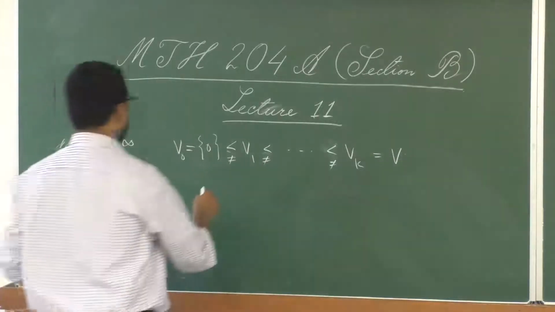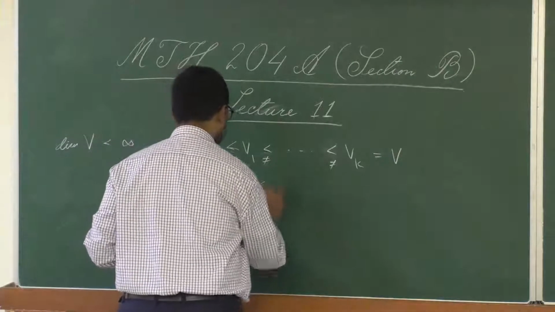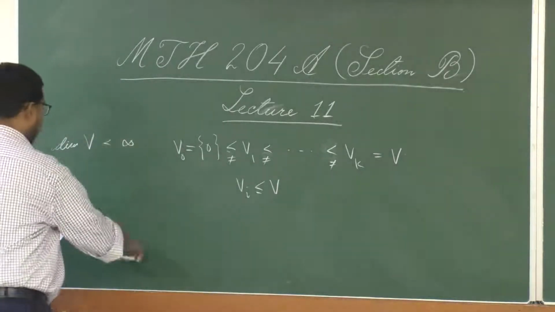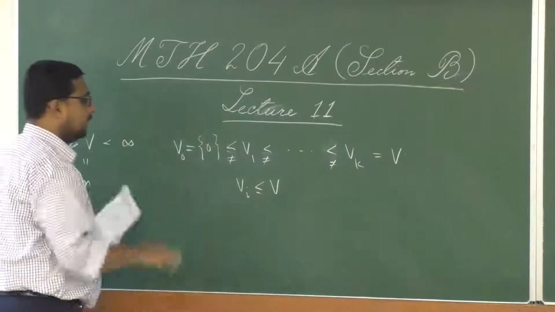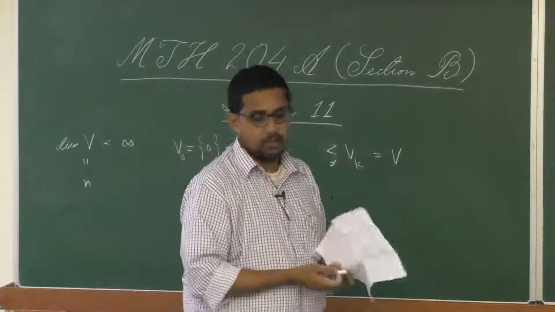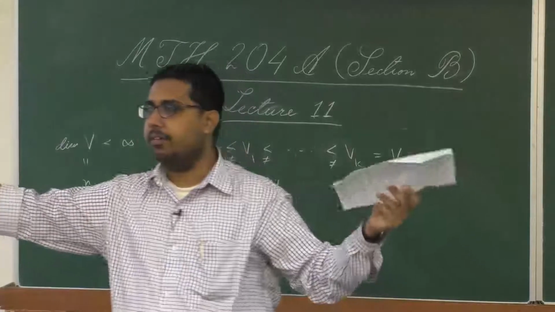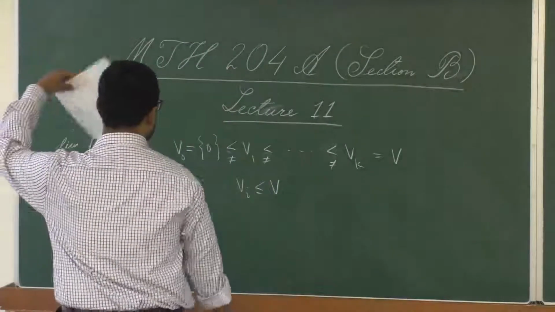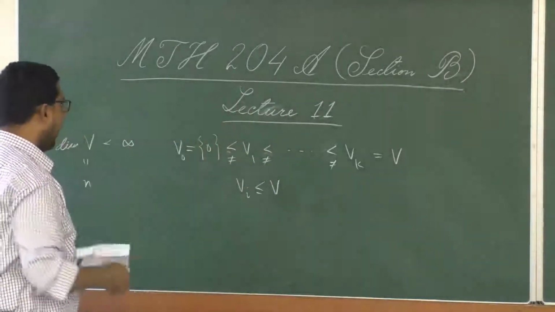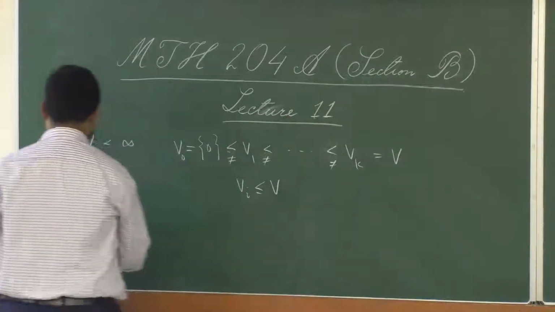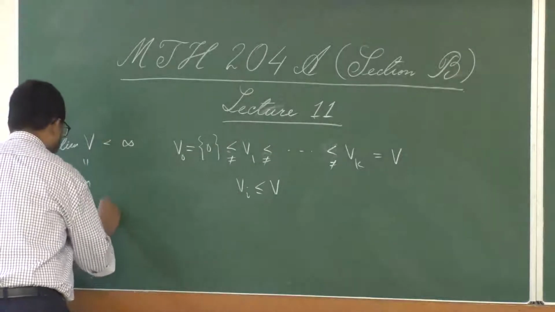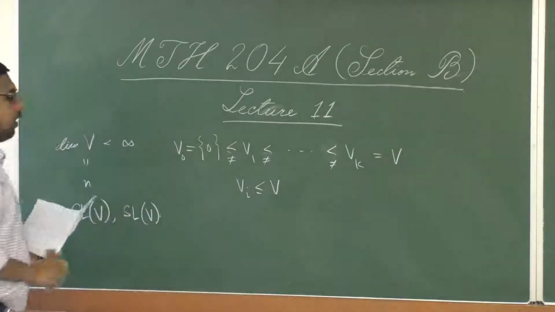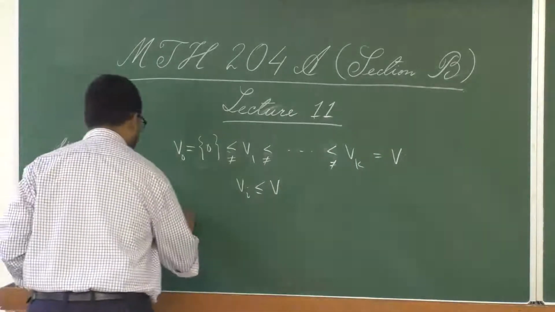So each Vi is a subspace of V in a flag of length k, and if k is n, then the flag is called a maximal flag. We have already seen that every flag can be refined to some maximal flag. Now the group GL(V), and of course SL(V), acts on this collection of all flags.